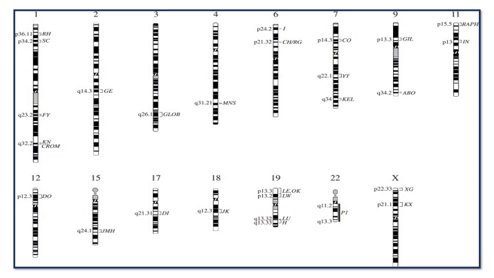The location for the JK blood group system is in chromosome 18, q12.3. So this is the JK blood group system.